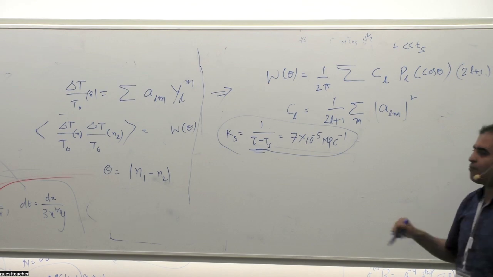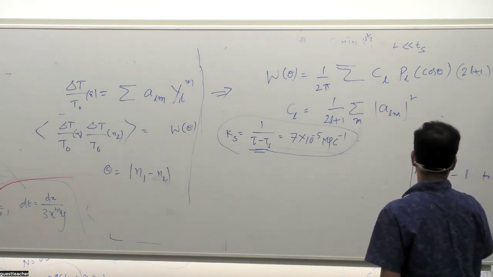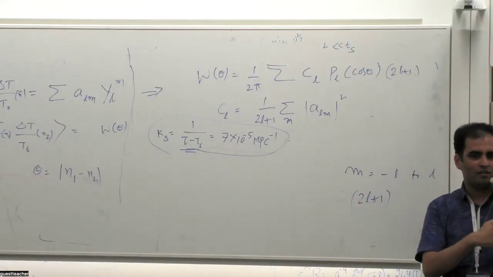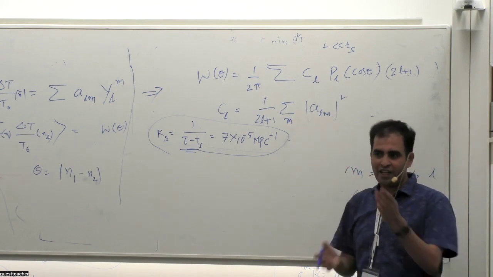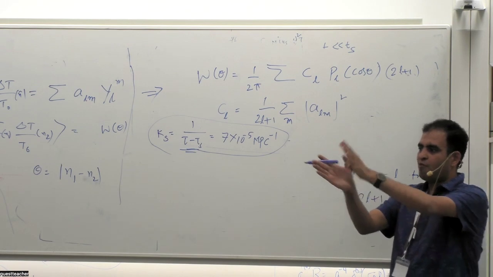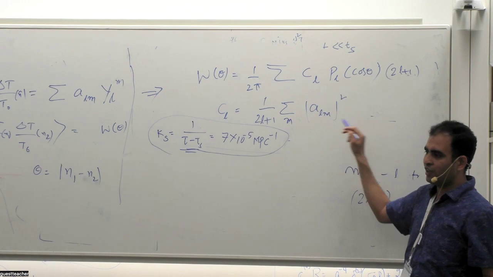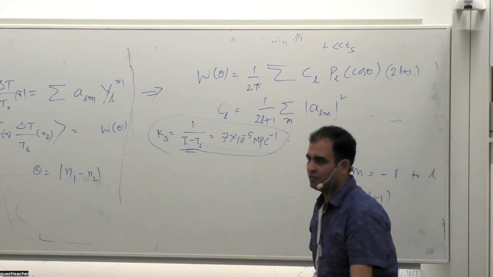But what does m run from? m runs from minus L to L, 2L plus 1 values for each L, and you divide by that 2L plus 1. Basically, it's kind of averaging. For each L, you have m number of points, and you measure that, and you take a summation of all squares and divide by how many points you measure.